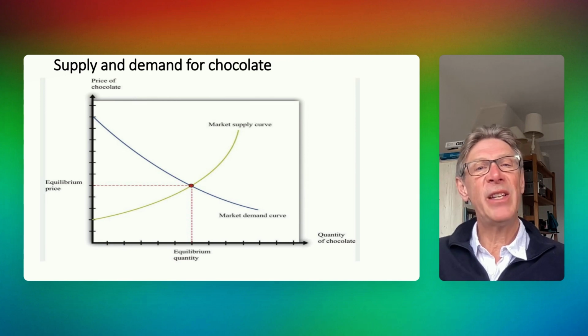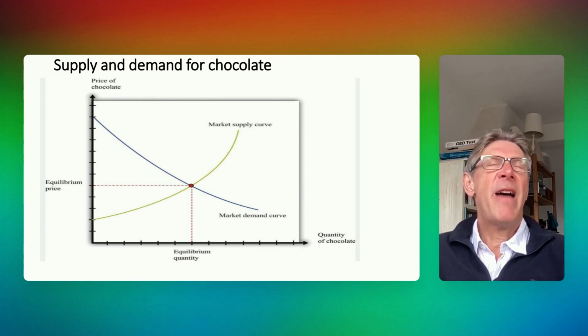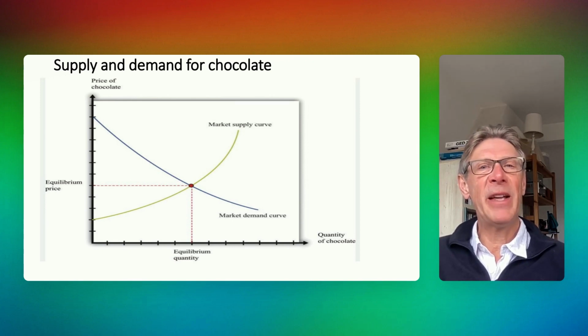So the higher the price of chocolate is, the more that you will supply. If everyone wants to buy chocolate and they're prepared to pay a high price for it, then you'll open more factories making chocolate. Other people will open more factories making chocolate, and the supply of chocolate will go up, as you can see on the green curve.